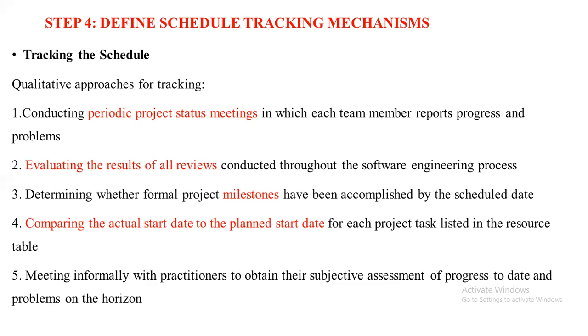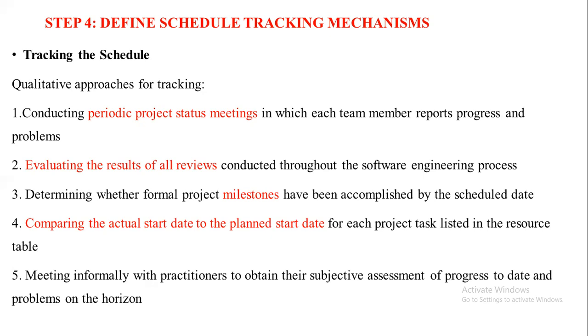And you can also meet informally to know the status of the project. So these are some of the ways by which you can track whether you're going according to the schedule or not. So these are the 4 steps involved in project scheduling. First, you have to identify the tasks: what the task set is, what the product is, and what the quality filters are.